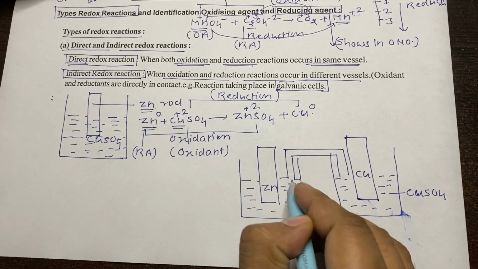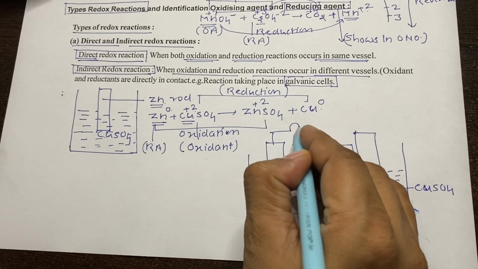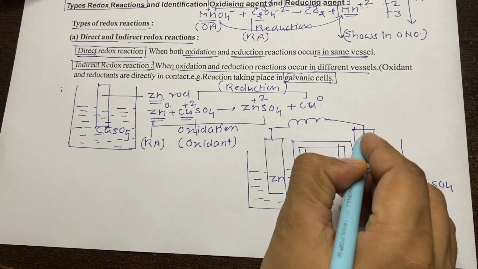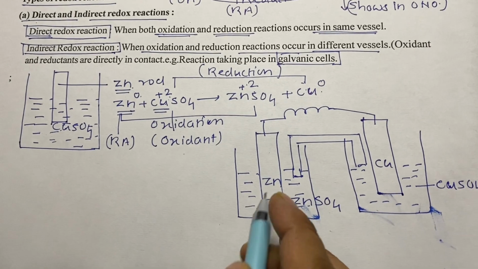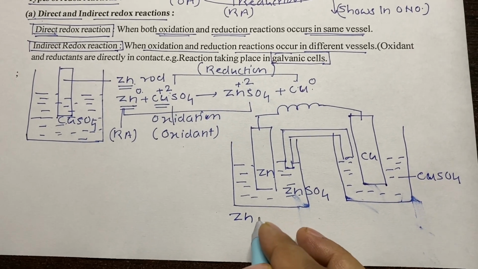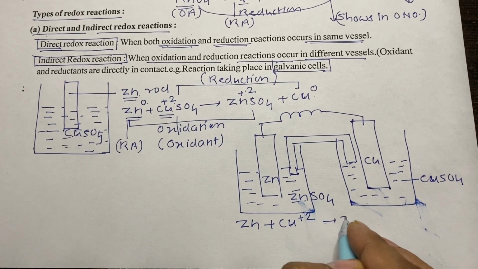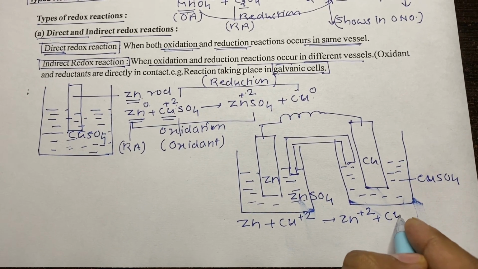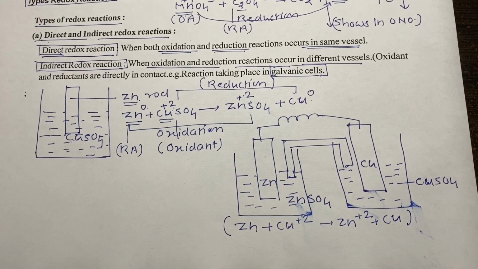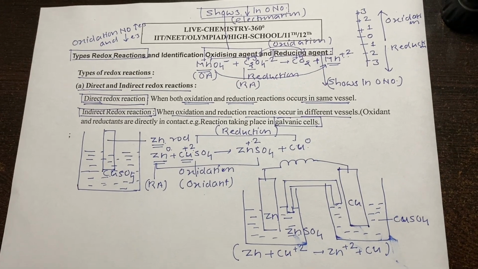These are connected through the salt bridge, and externally connected by a metal wire. So we are carrying out the oxidation and reduction reactions separately in two separate vessels. This reaction is called an indirect redox reaction.